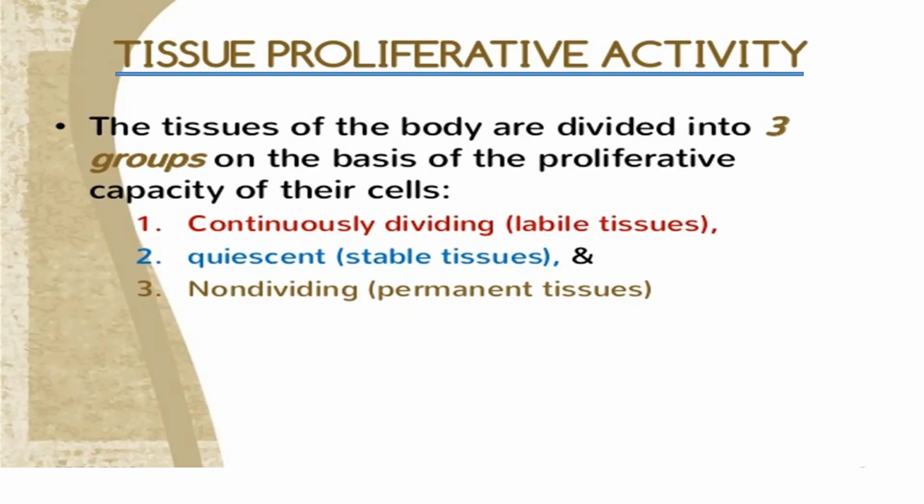One is the continuously dividing, which is known as the labile tissues; the stable tissues, which are quiescent tissues; and the third one is non-dividing, also known as permanent tissues. So there are 3 groups: continuously dividing (labile tissues), quiescent or stable tissues, and non-dividing (permanent tissues).